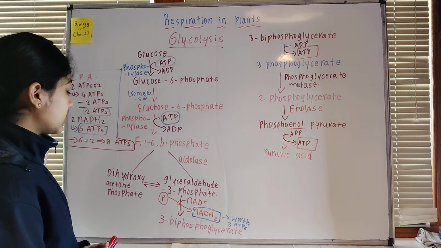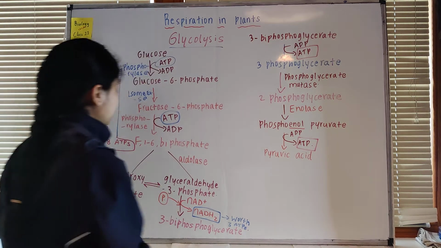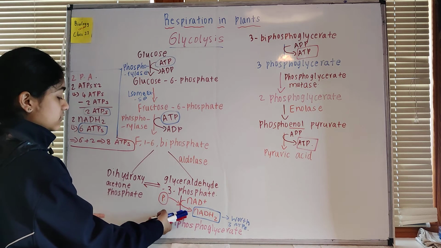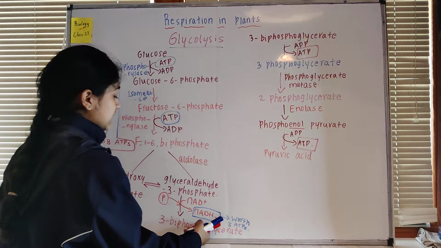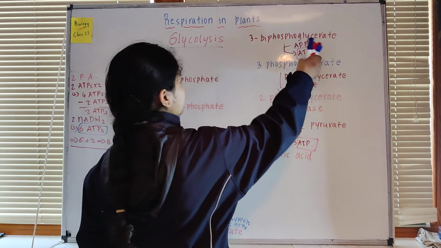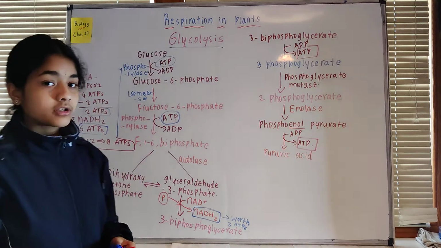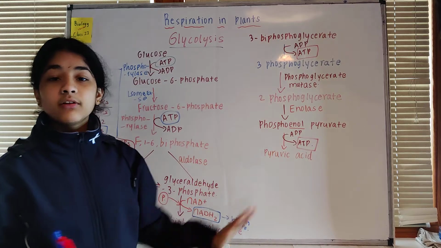Glyceraldehyde 3-phosphate converts into 3-biphosphoglycerate, and here phosphate is added, so that's why biphosphate, and then NAD plus gets reduced into NADH2, which is worth 3 ATPs, and then 3-biphosphoglycerate converts into 3-phosphoglycerate, where ADP again converts into ATP.